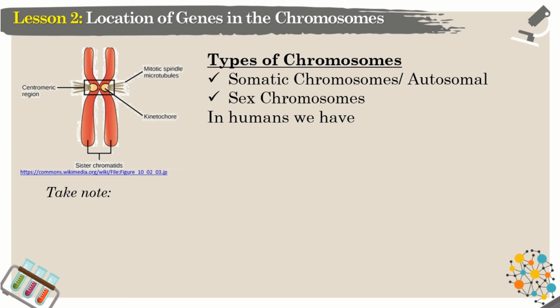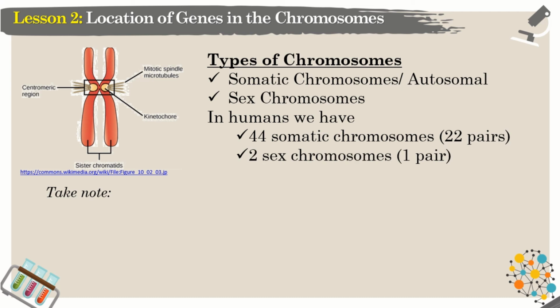Unlike your sex chromosomes, that's why it is called sex chromosomes, because they carry the gene for the gender of the species. So in humans, all in all, we have 44 somatic chromosomes and then 2 sex chromosomes.